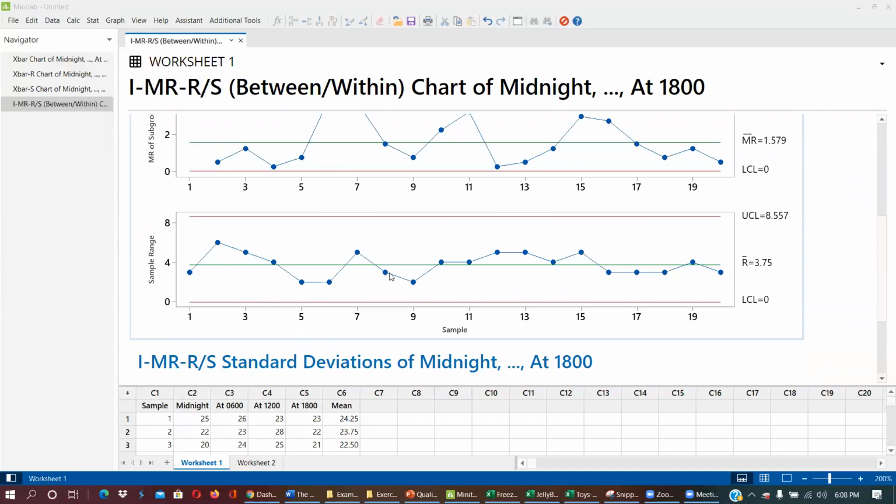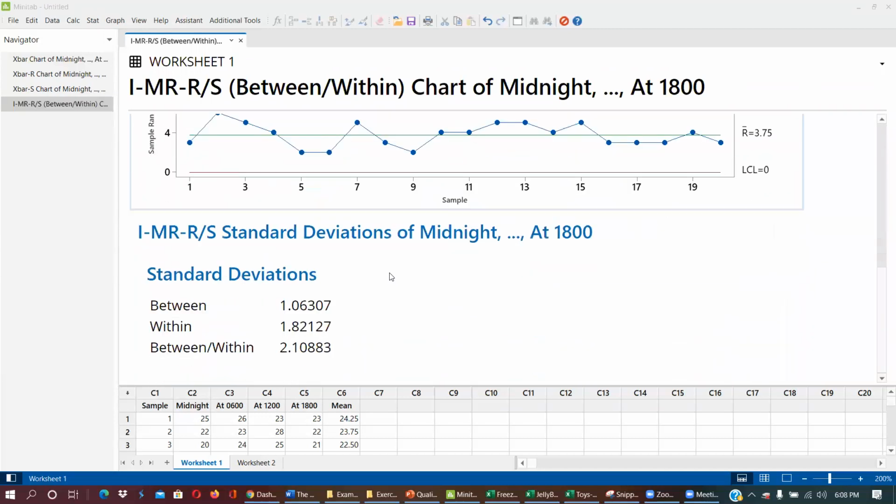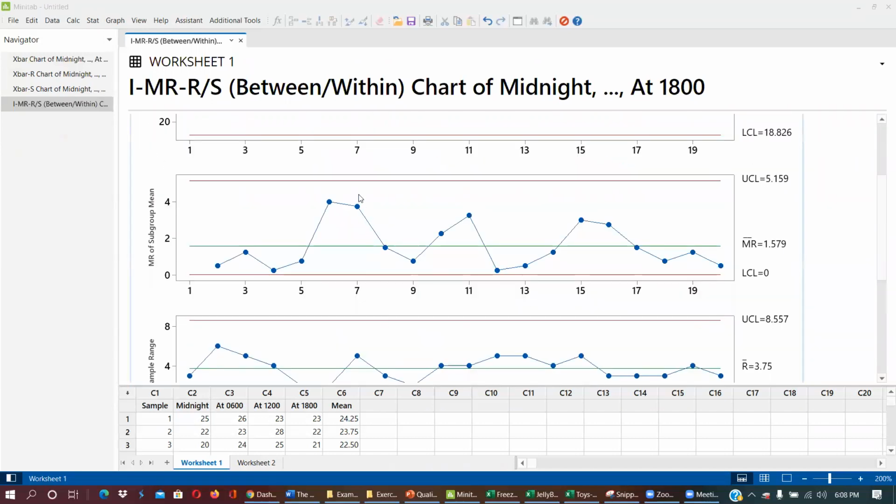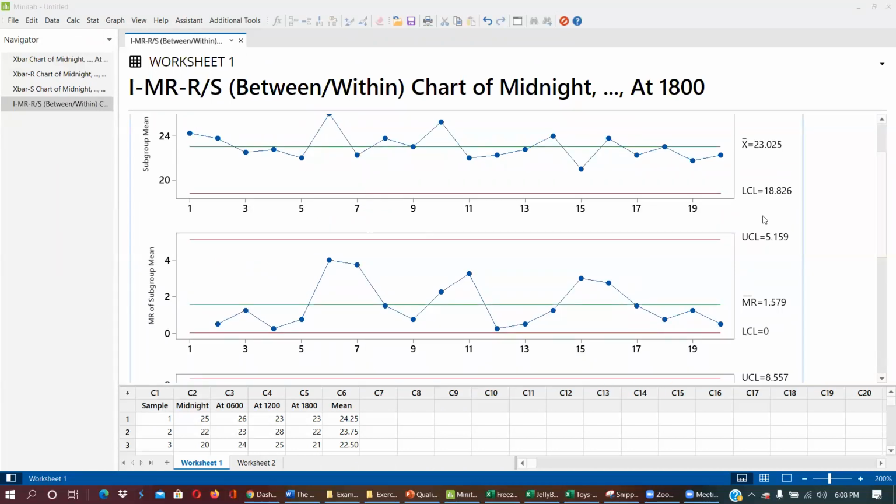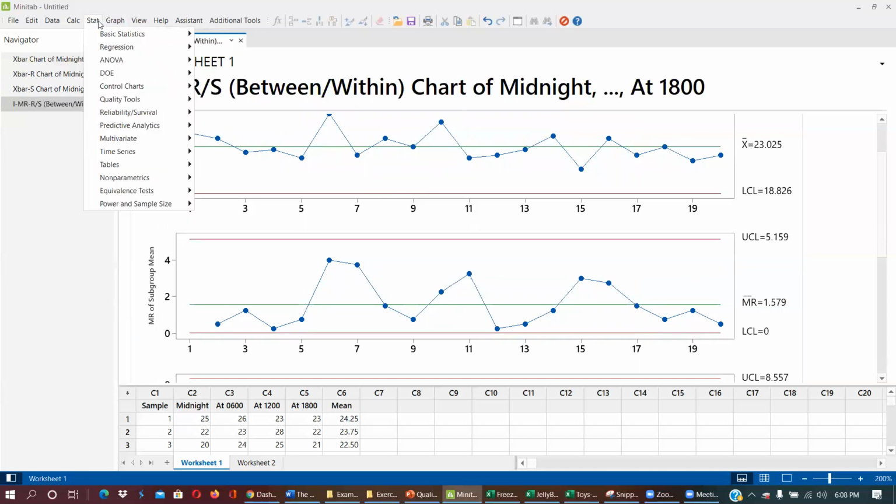And here in all three cases you can see between, within, IMR. So this is the third chart, which is important.